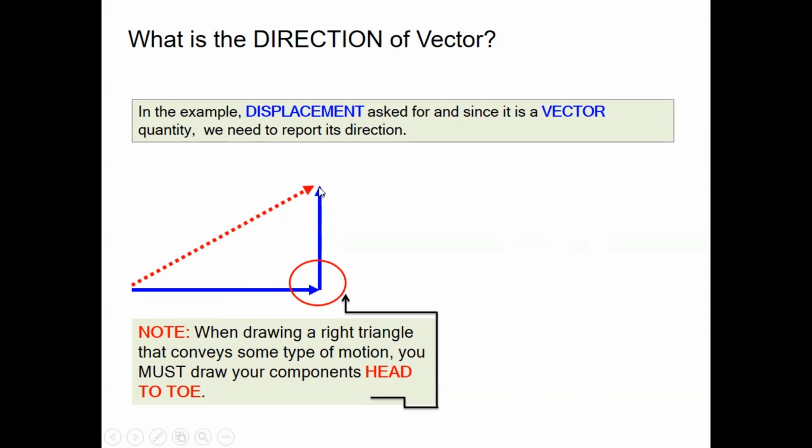So we can report that the vector is a combination of these two perpendicular vectors, one showing the direction of y and one showing the direction of the x-axis. The resultant is neither on the x-axis nor the y-axis, it is in between, and its angle with the x-axis will be the direction.